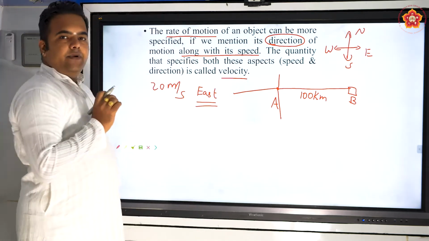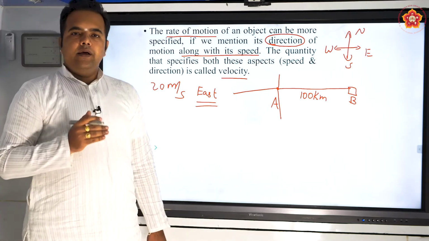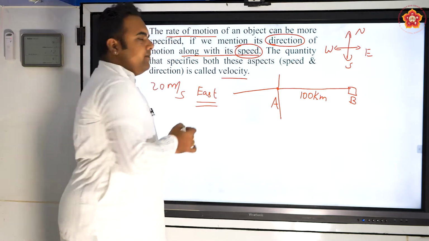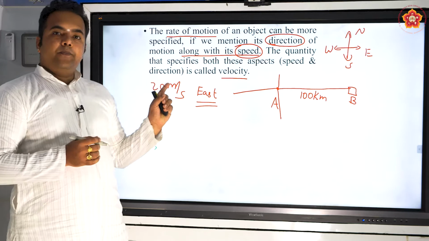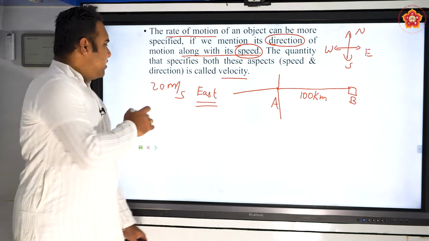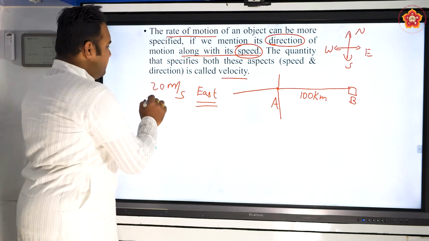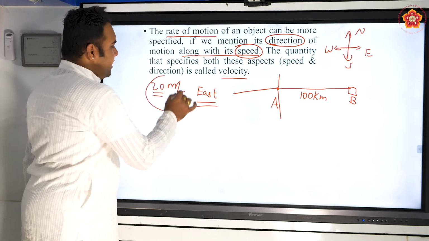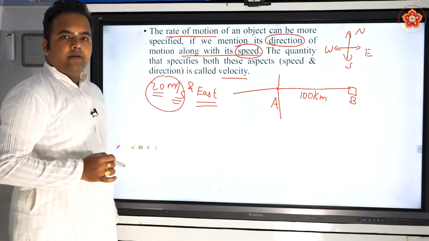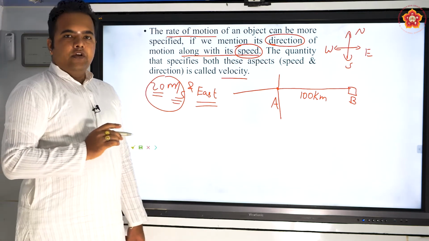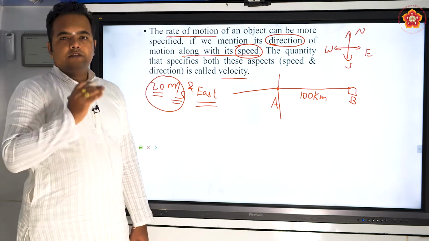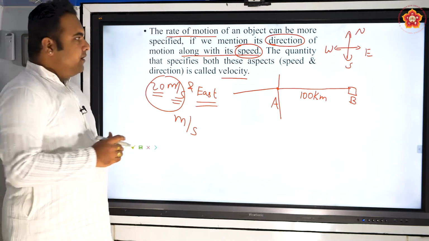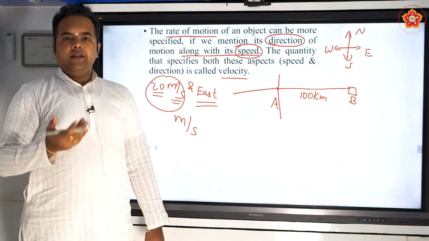So whenever we just mention the distance and time and calculate the ratio of distance and time, we get this parameter called speed. Now once we got speed, if we specify the direction along with the speed, speed for example has two parts: the magnitude or the numerical value, and the unit. If we mention speed along with direction, this term is called velocity. So therefore the units will never change. Speed and velocity both will have SI unit as meters per second only. But when we mention velocity, we are specifying the direction.